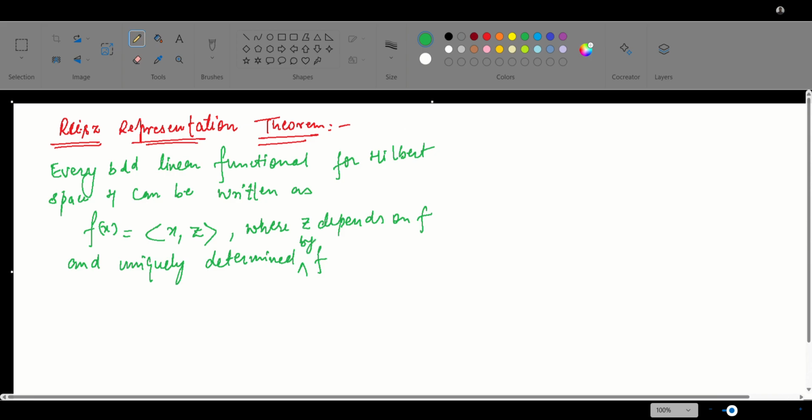Also we can write that the norm of f is equal to norm of z.